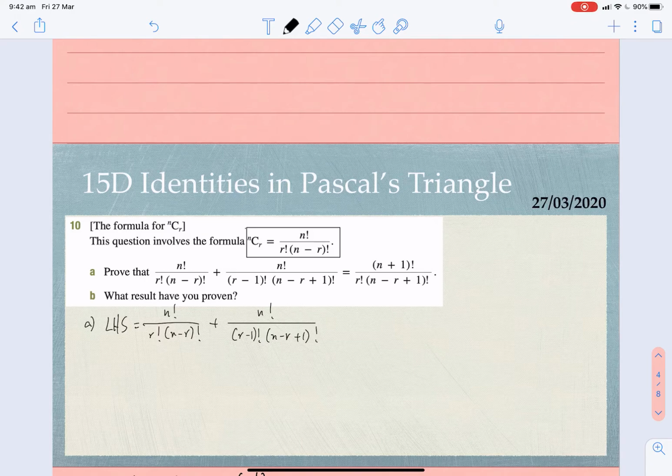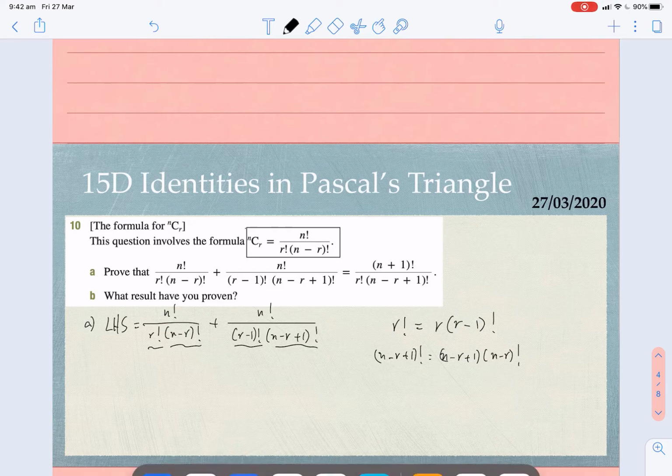Okay. Something interesting here: r factorial and r minus 1 factorial. r factorial is basically 1 bigger than r minus 1 factorial, so r factorial equals r times r minus 1 factorial, the rollback method. You've got n minus r and n minus r plus 1. So n minus r plus 1 is 1 bigger, so it's n minus r plus 1 times n minus r factorial, isn't it?